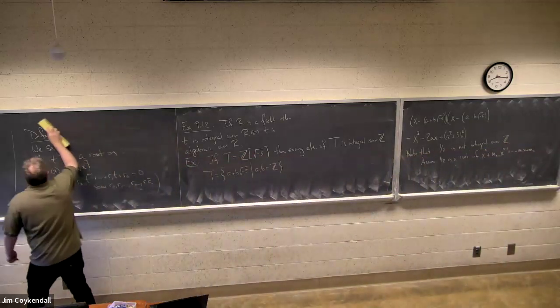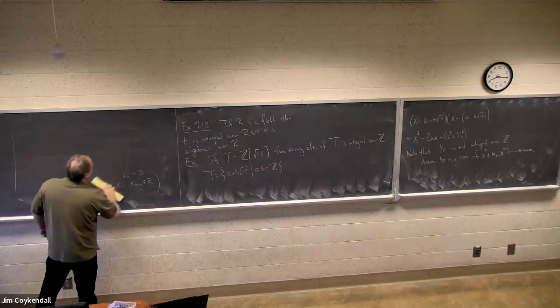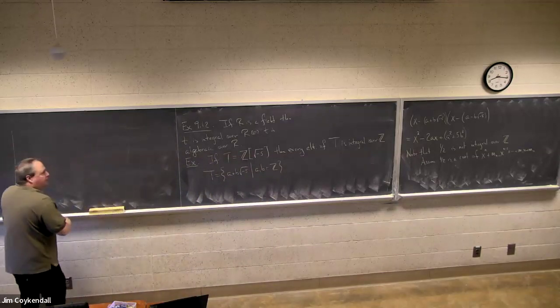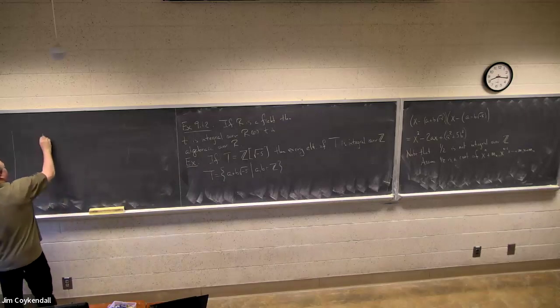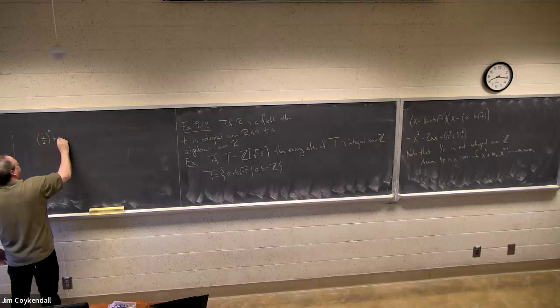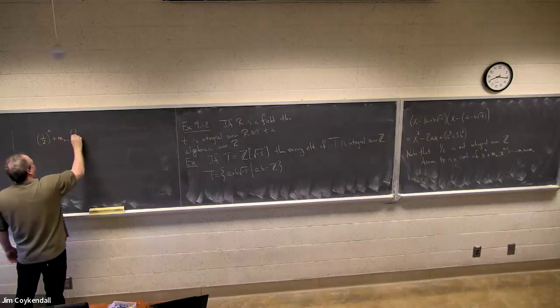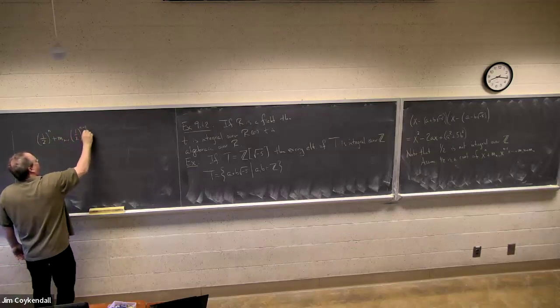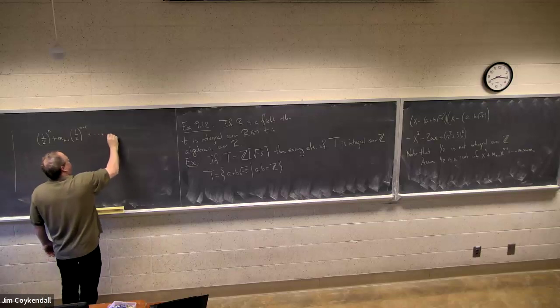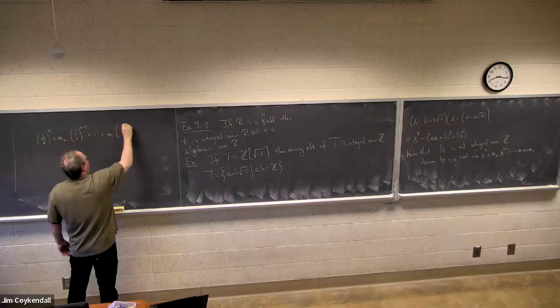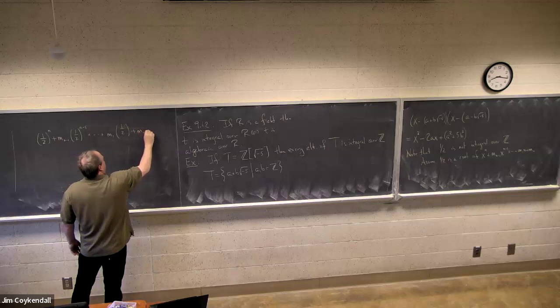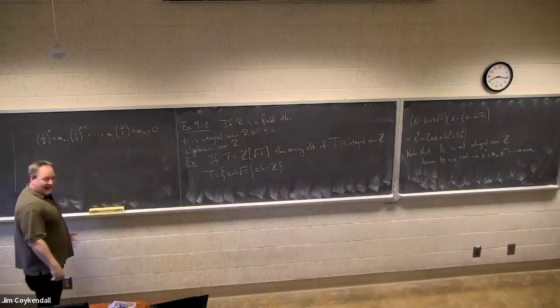And I think that we're going to see right here that monic is very, very important. So let's suppose that this happens. So I get that, right?